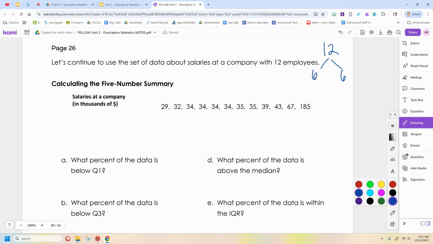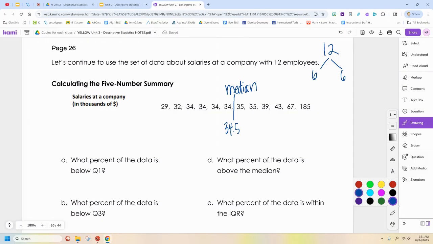So I count up to my 6th piece of data, and I draw a line after it. And so I've got 6 pieces of data on each side of that line. But the 34 is not 35, so we've got to take the average or find the middle of those two numbers. Our median is going to be 34.5 or $34,500.